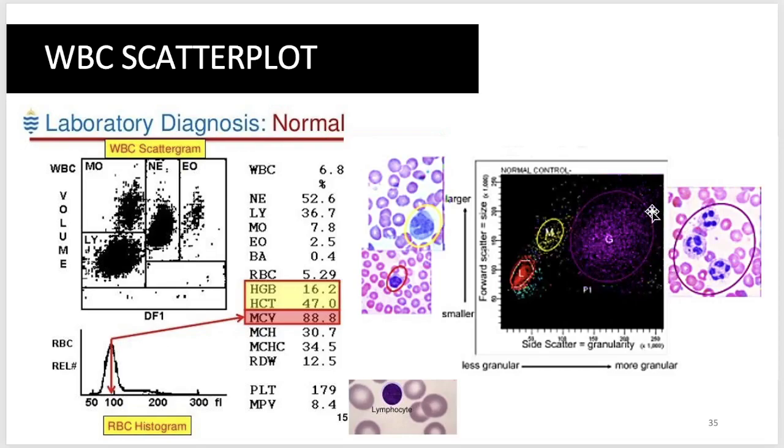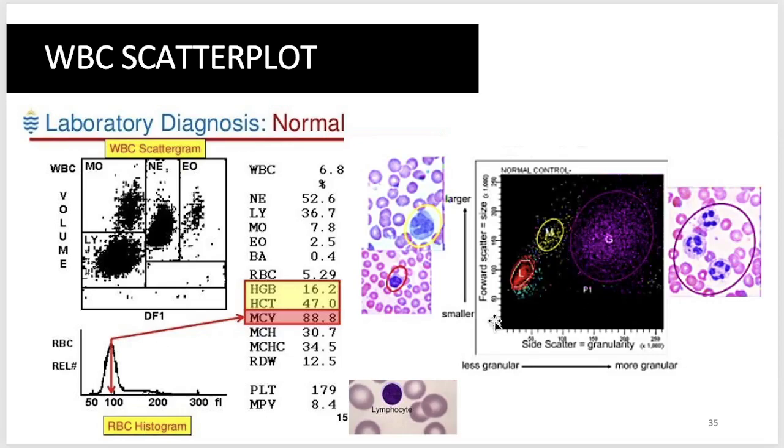Your granulocytes naman, anong masasabi natin sa ating granulocytes? Most granular population kasi nandito na siya na part. So therefore, your granulocytes are the most granular population and they have the most side scatter and appear farthest to the right on the scatter plot. That is how you simply interpret your WBC scatter plot.